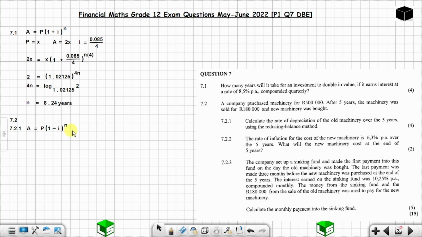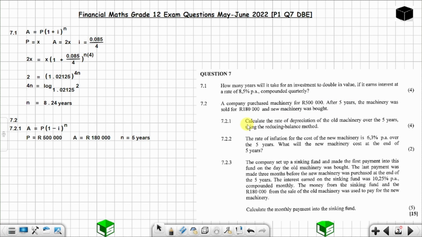So now the initial value was 500,000 rand, so this is your P, and the final value was 180,000 rand, which is your A, and n is equal to 5 years.